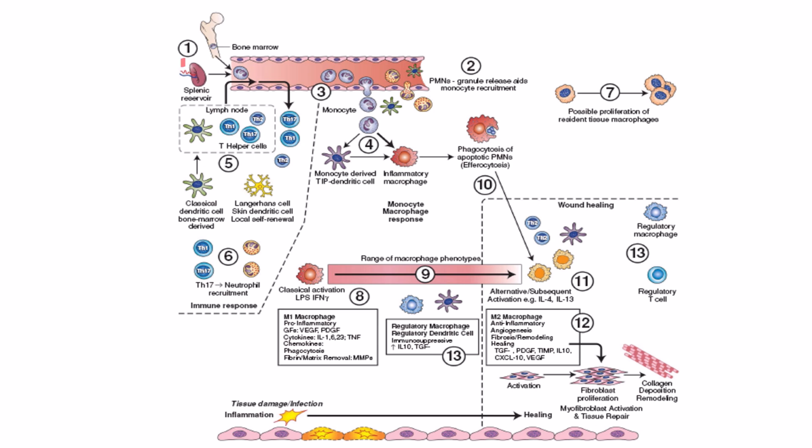So the macrophages are sequestered in the spleen, or they come from bone marrow as monocytes, and these monocytes reach the site of the inflammation or site of the injury by the blood, and here the polymorphonuclear neutrophils also join them, and the granules of these neutrophils are responsible for further recruitment of the monocytes to this area, and at the site they are transformed either into monocyte-derived tissue inflammatory phagocytic dendritic cells or inflammatory macrophages.